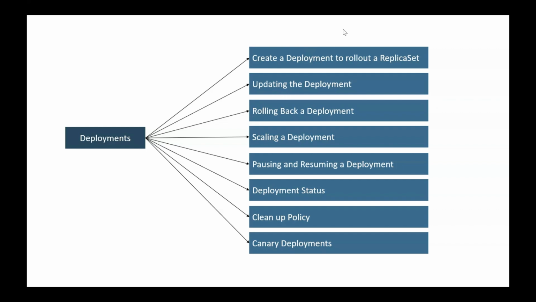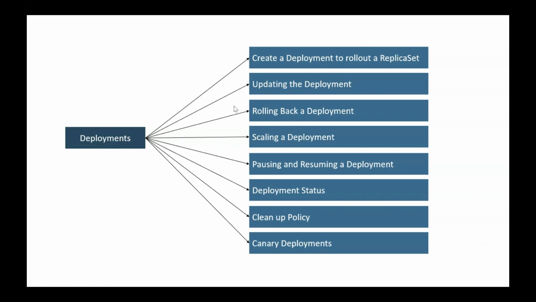If you are creating one deployment, along with that one replica set also will be created, and in that replica set you will have pods. Suppose you have given 10 pods in that replica set, 10 pods will be created. We'll see this in just a few minutes.